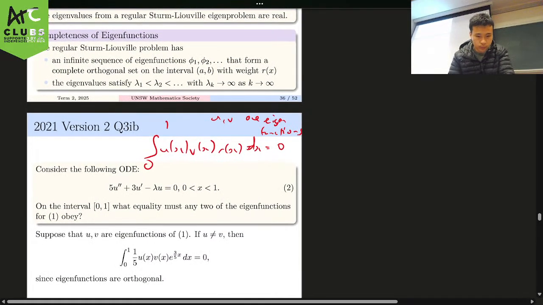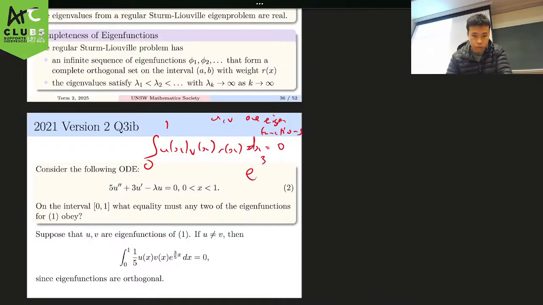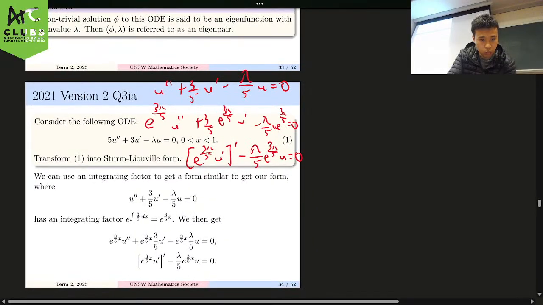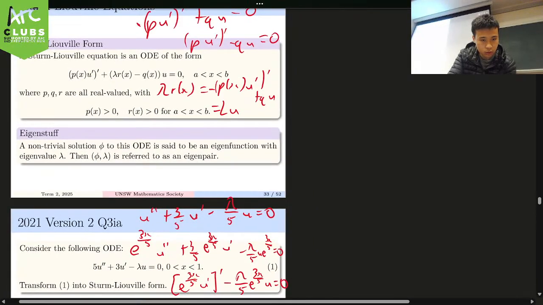What's this? We see u and v, that's the obvious. Then this term, I'm guessing that is the weight function. Let's check.